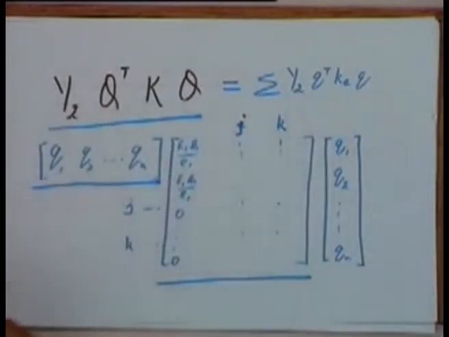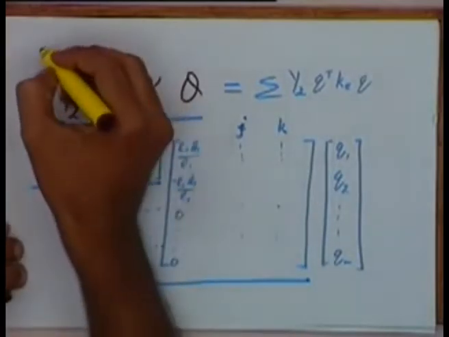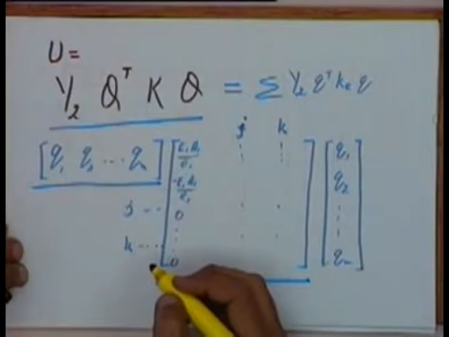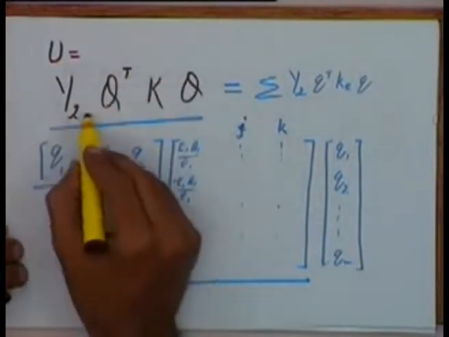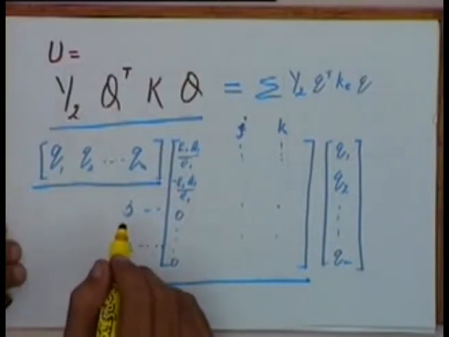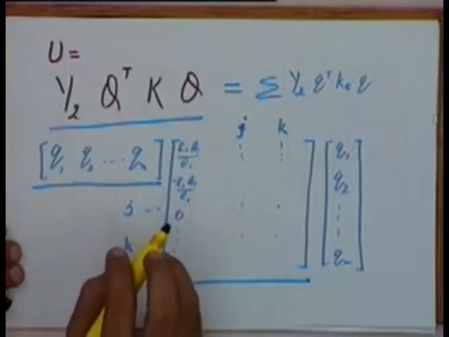This is equal to the total strain energy in the system: U is equal to half of q transpose k q. Is that all right?